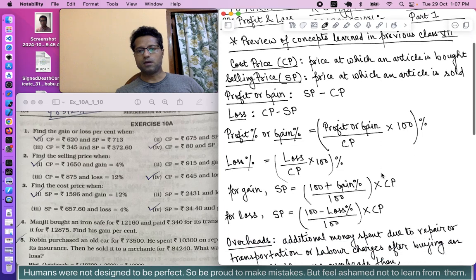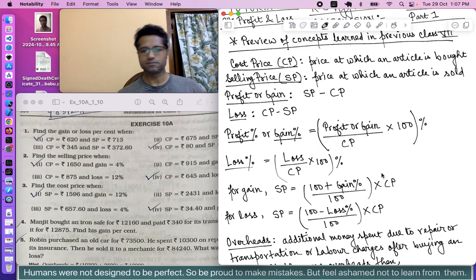Now, if you want to find the selling price based on the gain percent and the cost price, if there is a gain, then obviously you will have some gain percent. If you are given the cost price and the gain percent, how will you compute the selling price? If there is a gain percent, then the selling price will be gain percent more than CP.